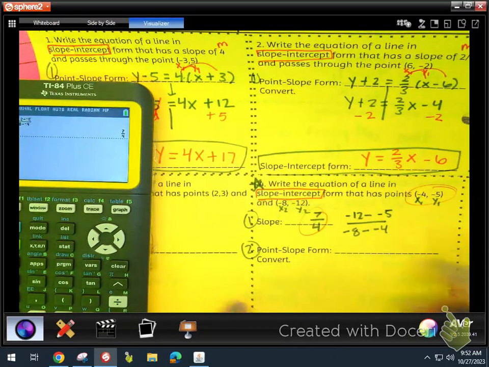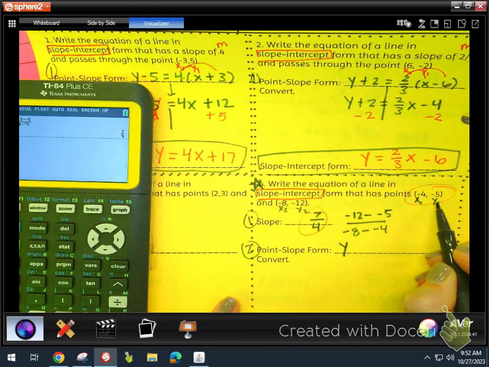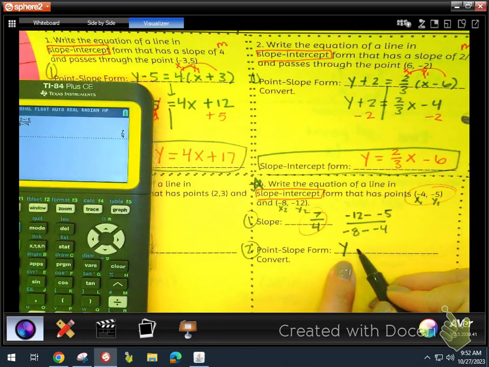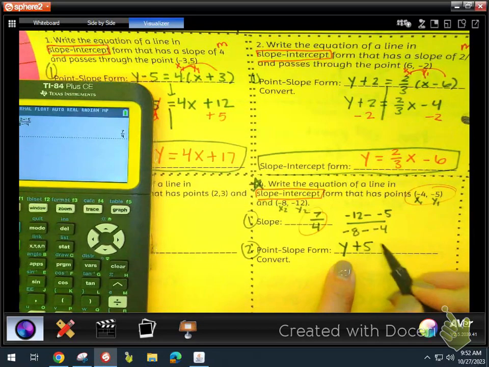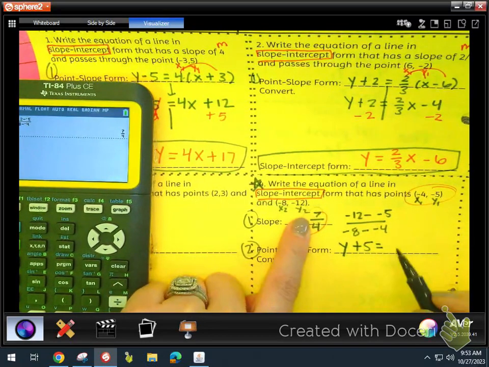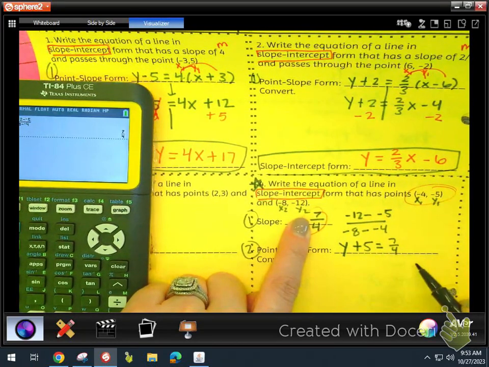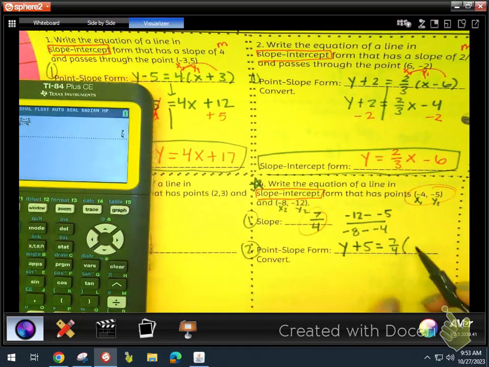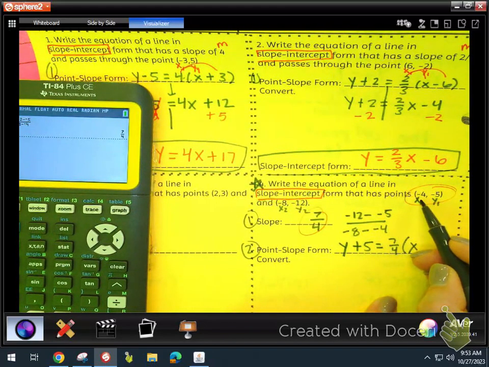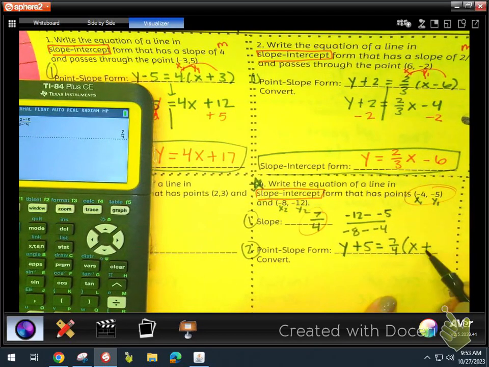So we've got y. The y value of the point that Heidi chose is -5. So what are we going to put in the formula? Positive 5 equals our m that we had to calculate. We better calculate it right. 7/4, parentheses, x. The x value that went with the point that we chose, plus 4.